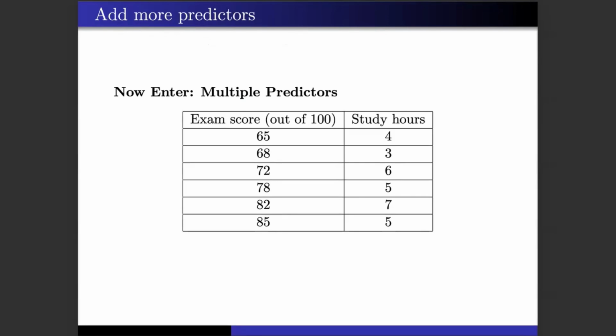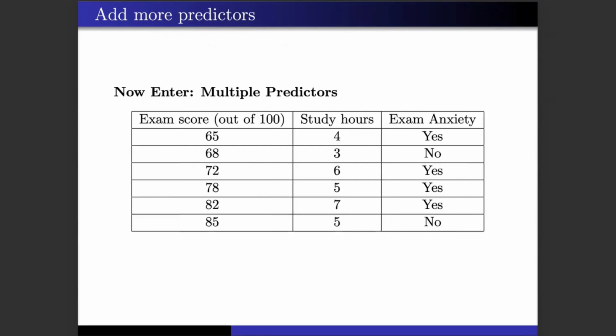Say now you have this data set, the same data set which has exam scores and study hours, but now you add another independent variable, which is the exam anxiety. So now let's say in addition to study hours, we also know whether the student was anxious during the exam or not.